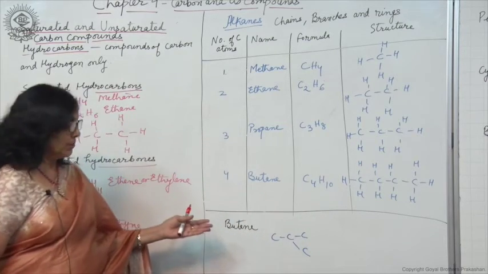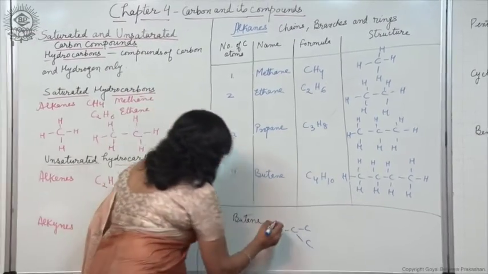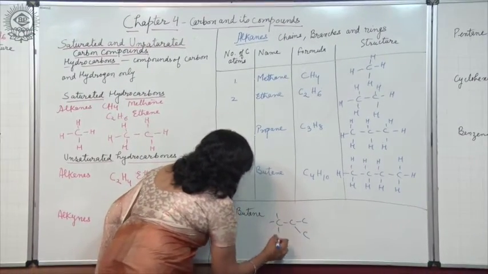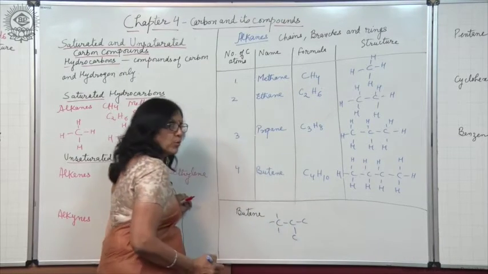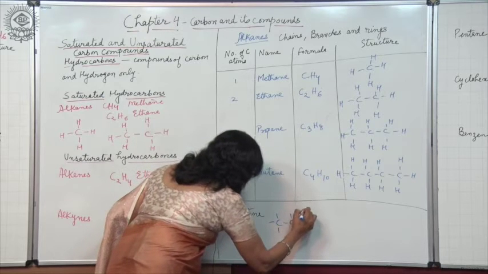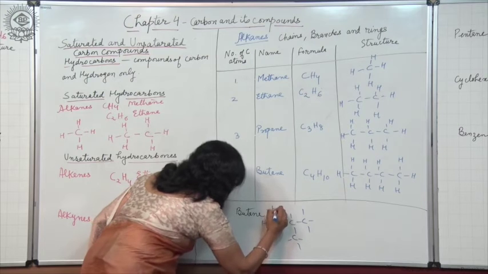So, you can see a branch, you can see for yourself. Then in the same manner we can write it like this also, to write more neatly, and then writing of hydrogen.